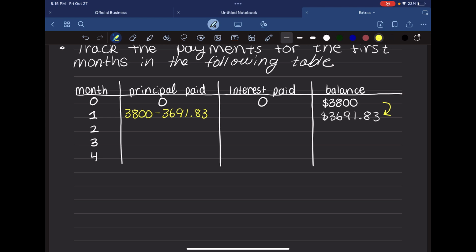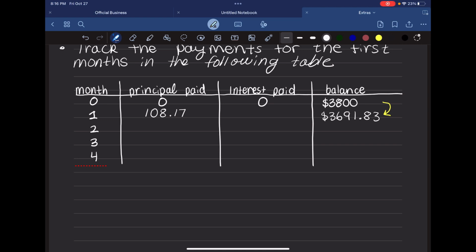And when we type that into a calculator, we end up getting 108.17. So this is $108.17. That's basically how much my principal balance went down, and that's how much we paid in principal that month.